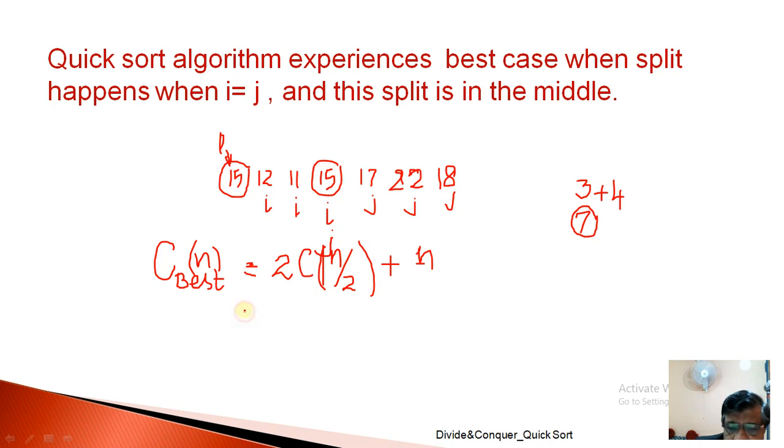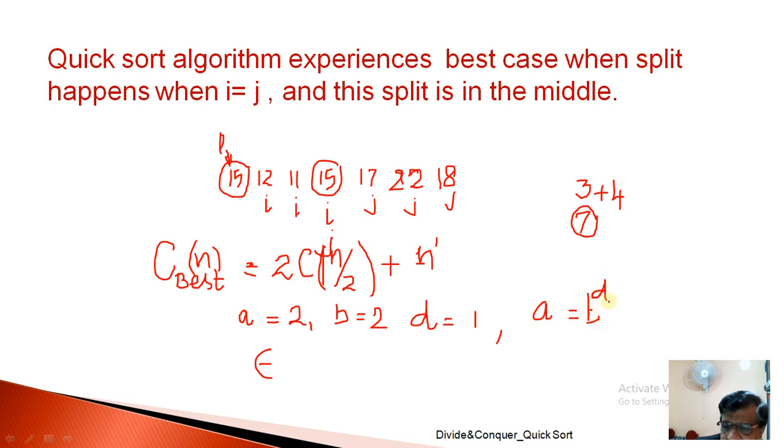Therefore, here if we apply the master's theorem, A equal to 2, B equal to 2, and D equal to 1. That is the power of n, D equal to 1. Therefore, it falls under the second condition in the master's theorem, where A equals B to the power of D.